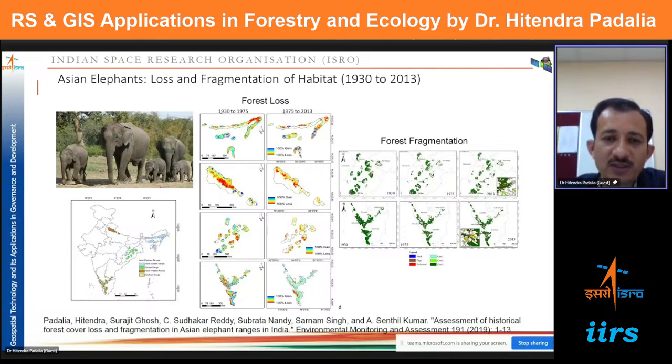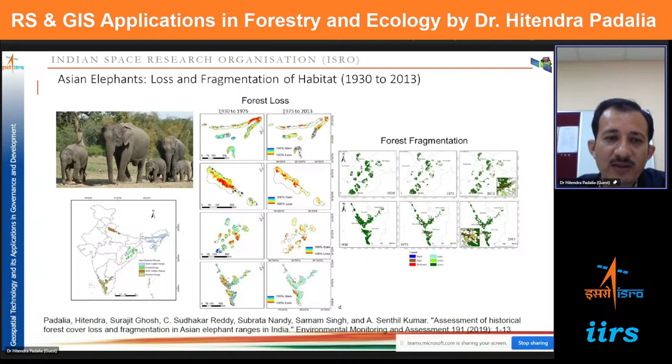So what do they require? Basically, they require contiguity in their habitat, their habitat should be disturbance free, and there should be good forage availability. But in India, our population is growing, and we always have a demand for land for agriculture.